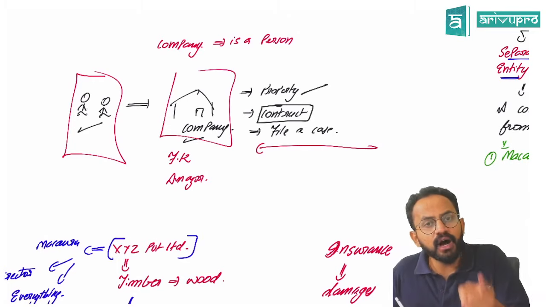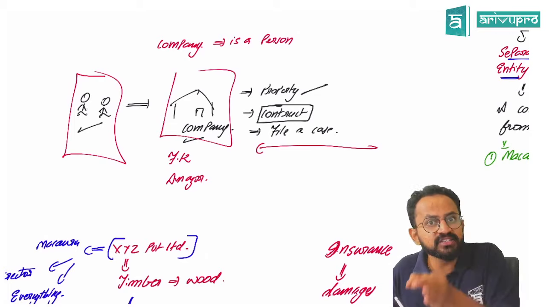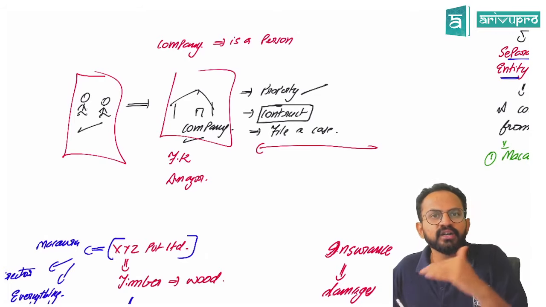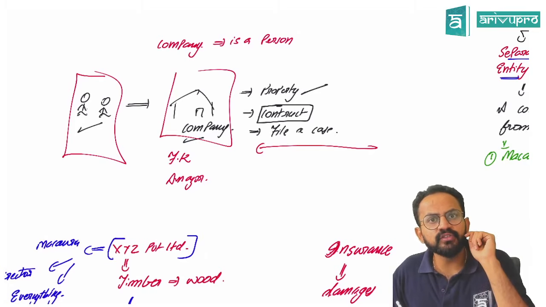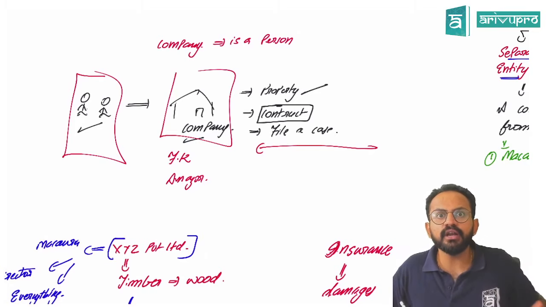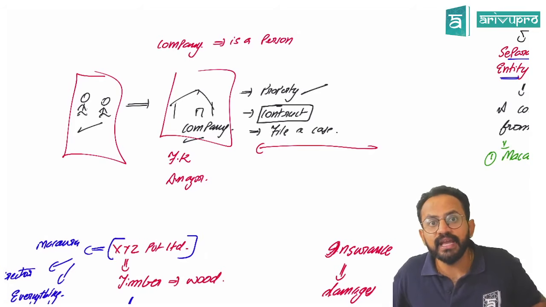The moment a company is registered, you are different, the company is different. Yes, you have taken insurance, but you have taken it in your name. How can you do it for the company? You should have taken the policy in the name of the company and not your name. Why?